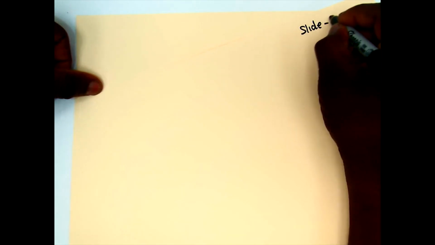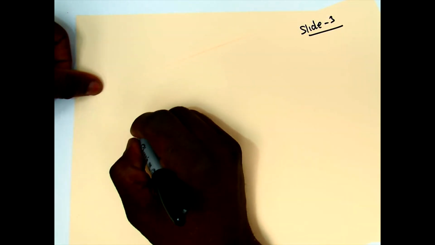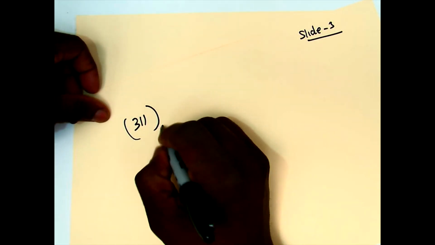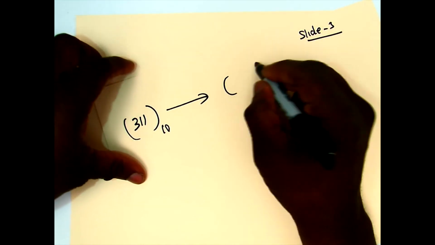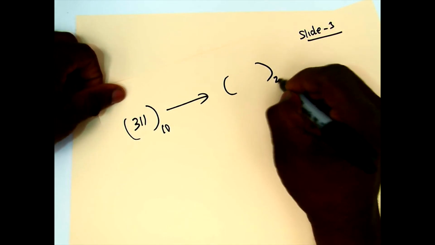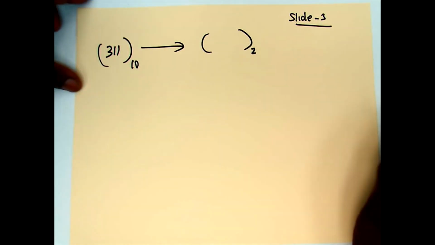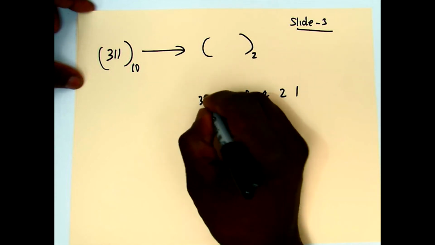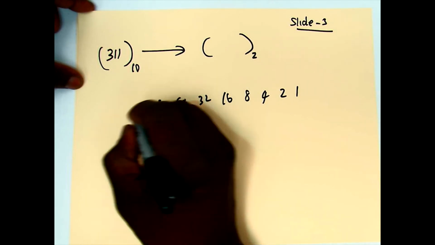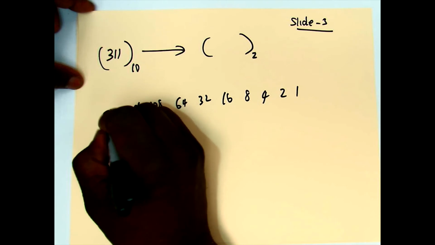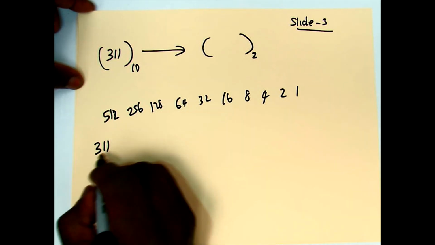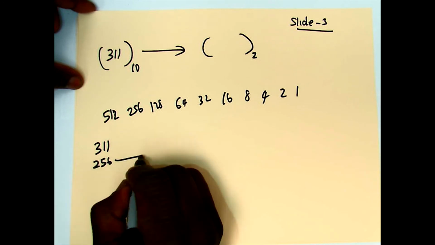Let's make one a little bit bigger. Suppose we have 311, just making it up. Base 10, what we do every day. Let's take it to base 2. So we have the powers of 2: 1 2 4 8 16 32 64 128 256 512. You see, it can be as big as you want. The highest power we can take from 311 is 256.